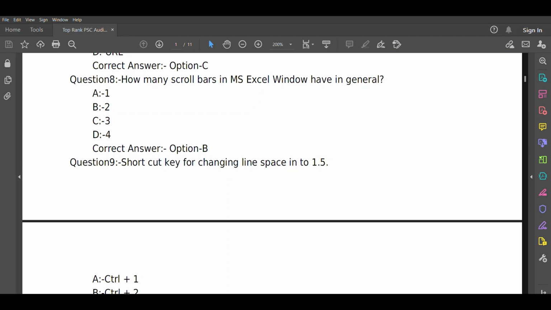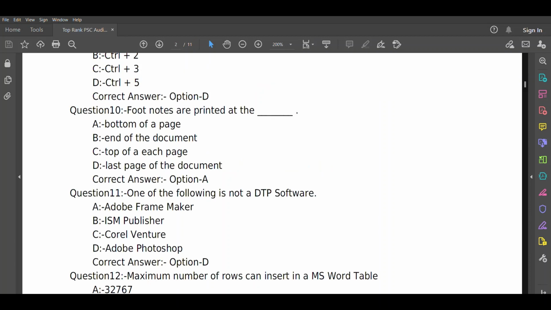Shortcut key for changing line space into 1.5: Ctrl plus 5. Footnotes are printed at the bottom of a page.